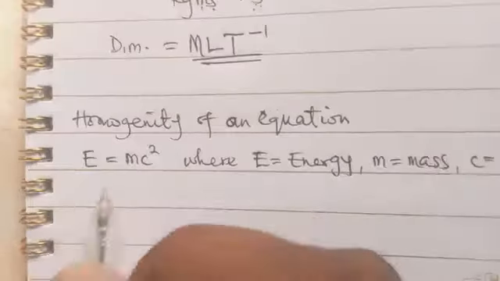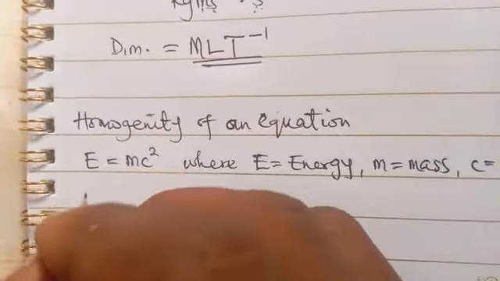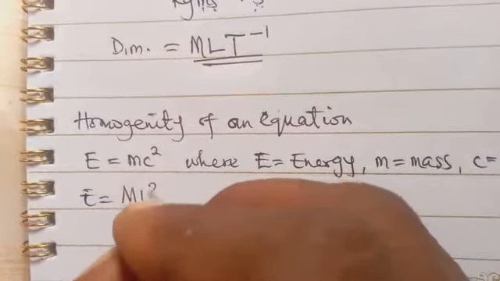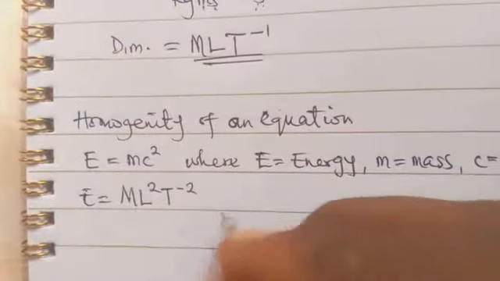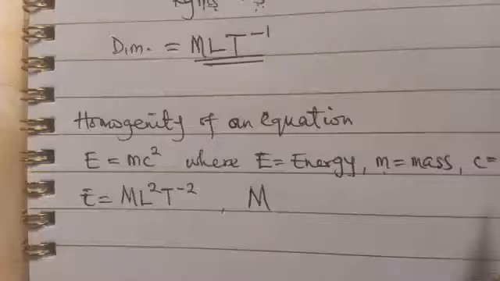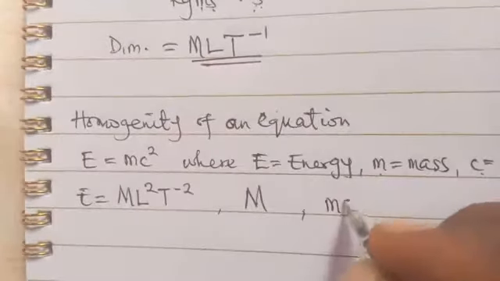Now, in the previous video we were able to establish that energy E dimensionally is given as ml squared T minus 2, and mass m, speed is in meters per second.